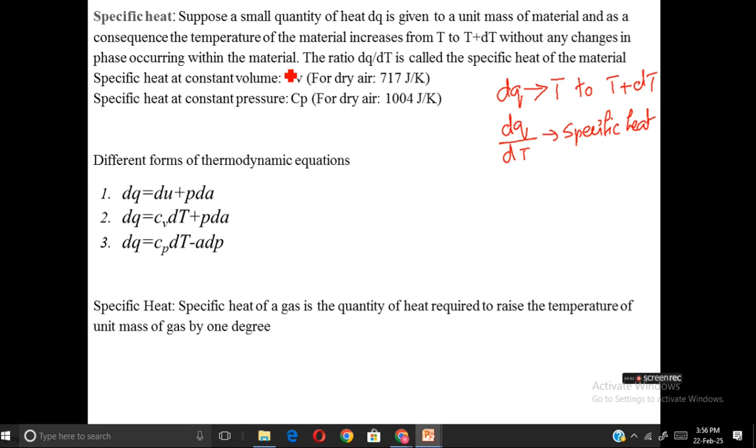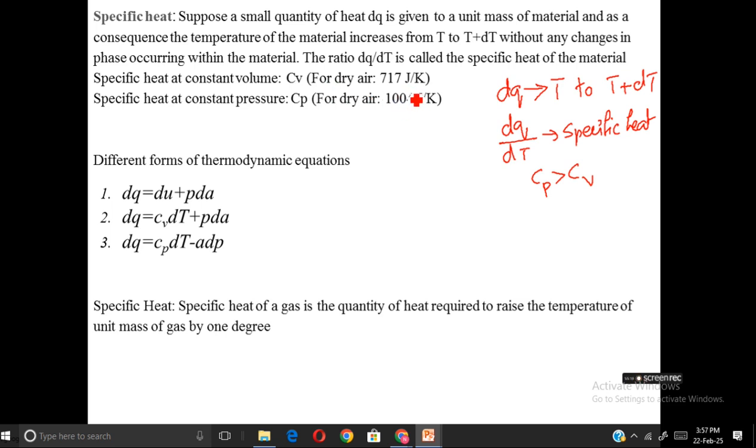There is no change in pressure occurring to the system. Then in that case, the specific heat for dry air has a value of 1004 joule per Kelvin. So as we can see here, the value of Cp is greater than Cv. The value of Cp, which is 1004, is greater than the value of Cv, which is 717 joule per Kelvin.